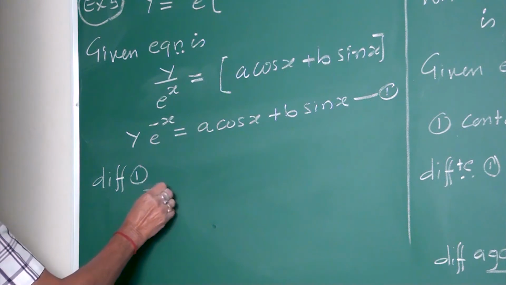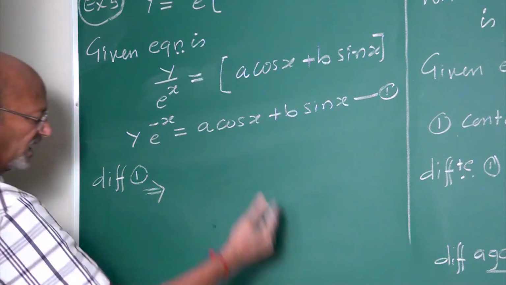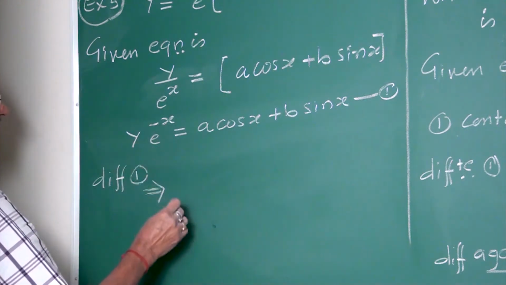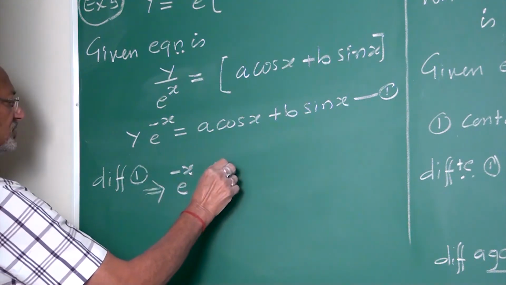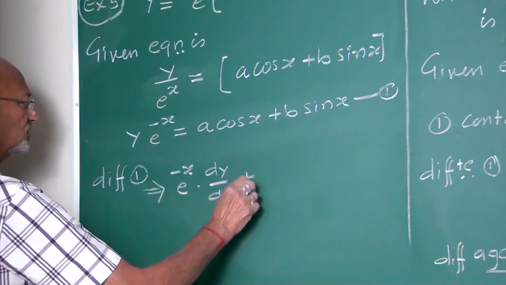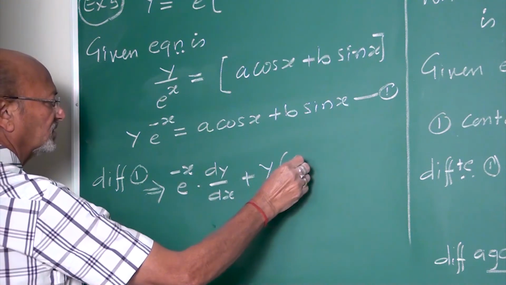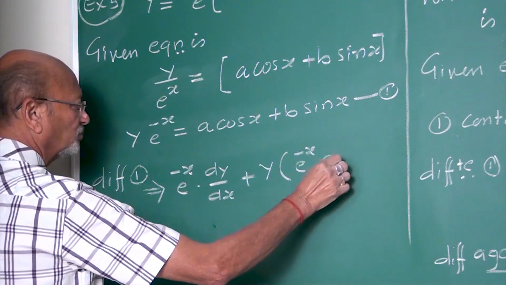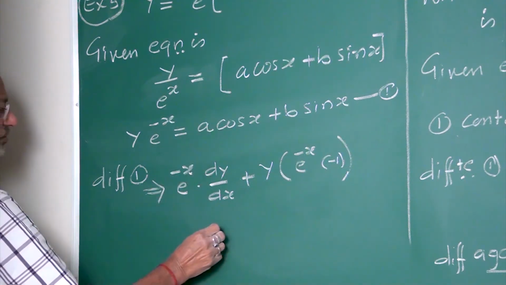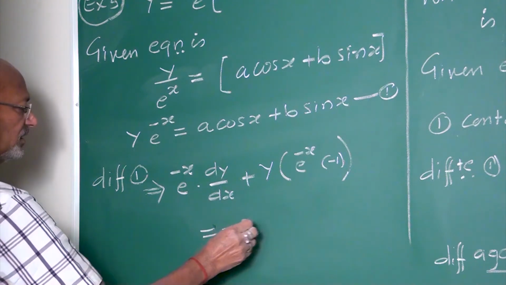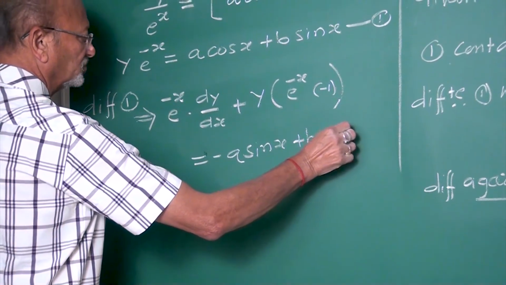In this case, you have to apply the product formula, which is simpler than what I had proceeded with first. It is e to the power minus x into dy by dx, plus y into the derivative of e to the power minus x, which is minus 1 by the power rule, equal to a into minus sin x plus b, the derivative of sin x being cos x.